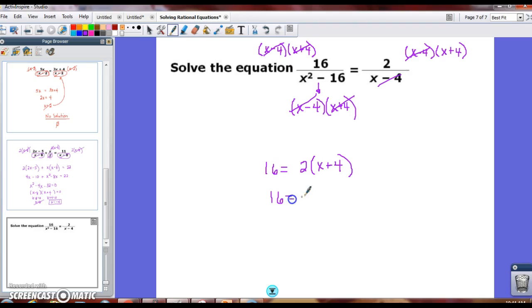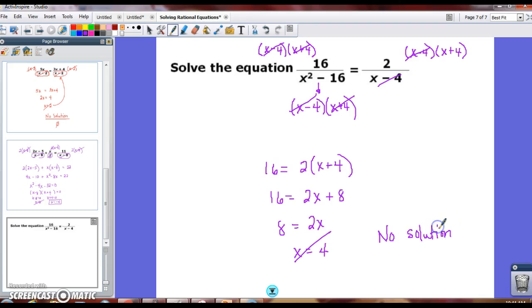When I solve that, I distribute. Subtract the 8, I end up with 2x equals 8, and so x comes out to be 4. 4 makes my denominator 0, so I have to reject it. And the answer then would be no solution.